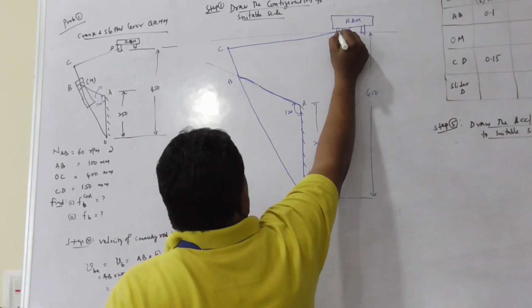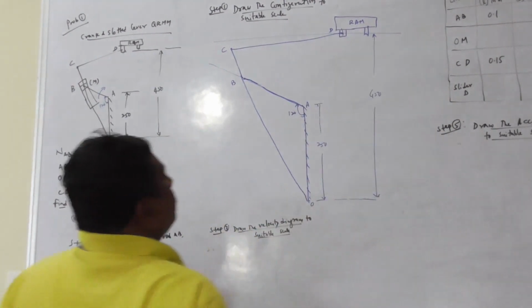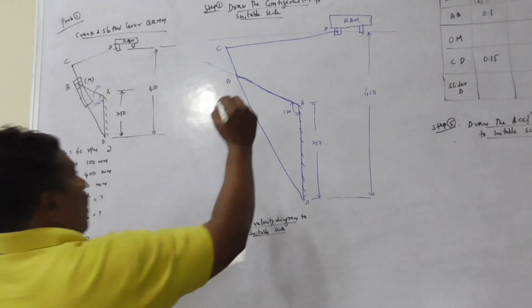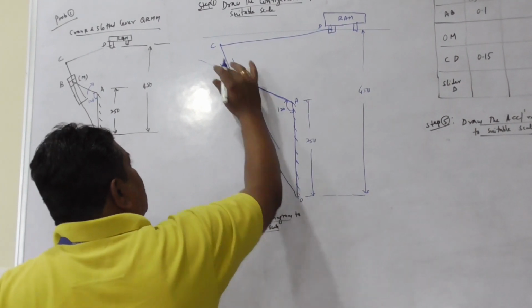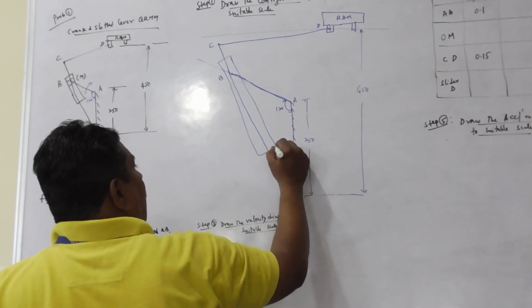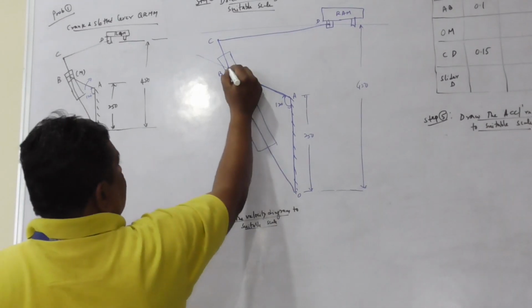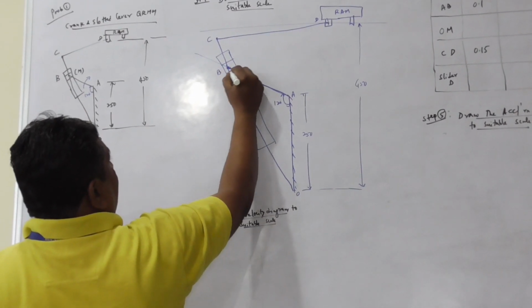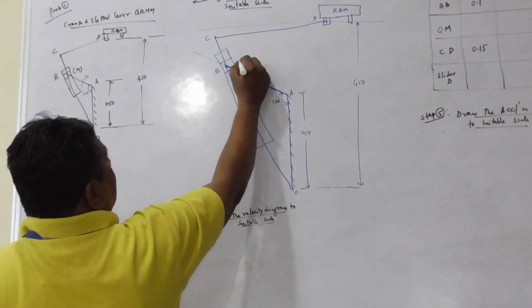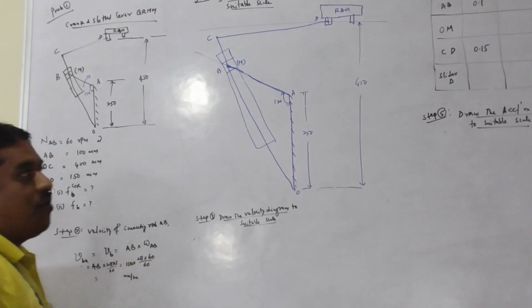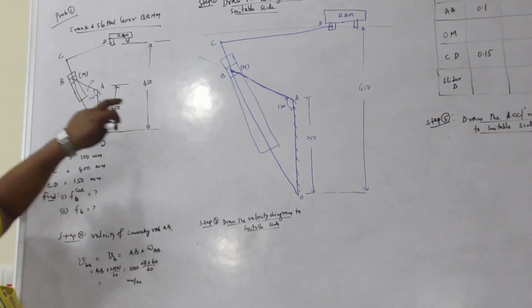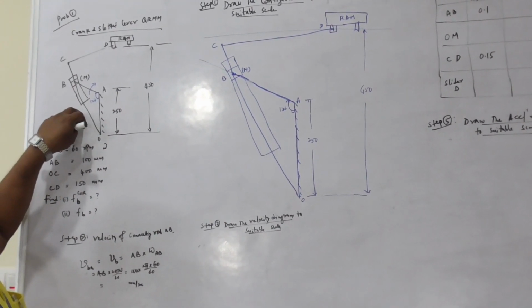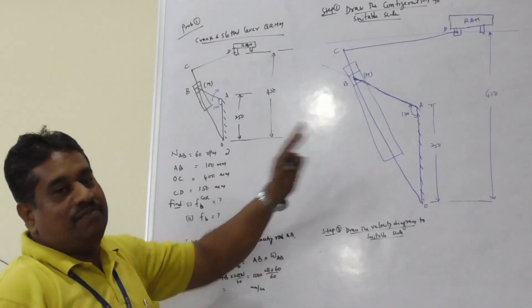Join this CD. Then OC is the slotted lever which has a die block. At the given instant of time, this slider or die block at B coincides with the fixed point M. This is the configuration of the given crank and slotted lever quick return motion mechanism.